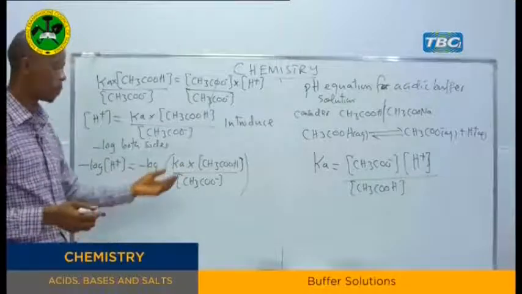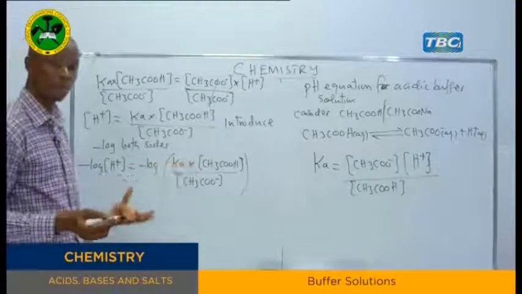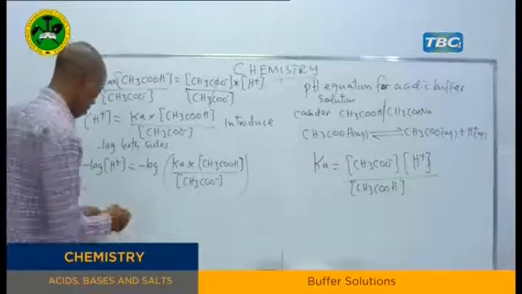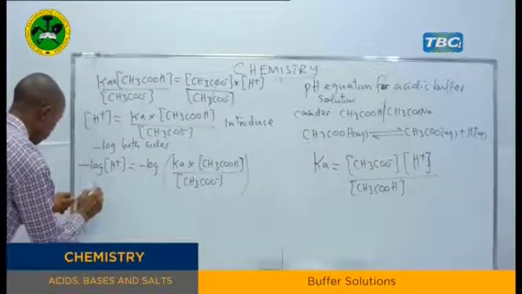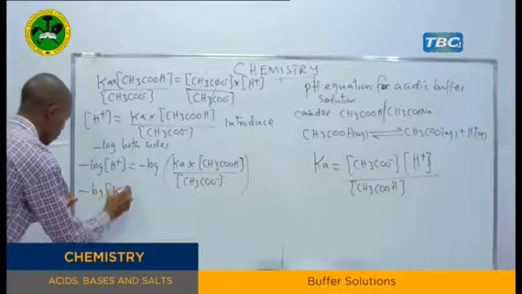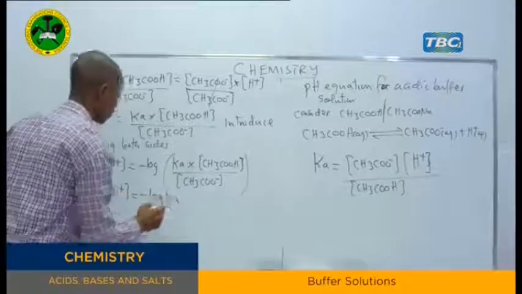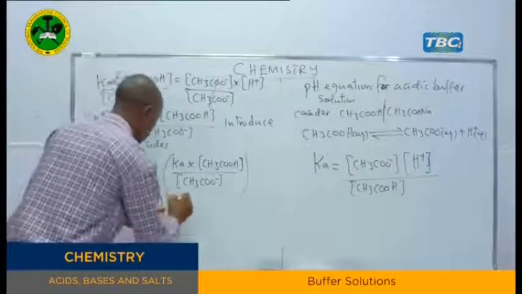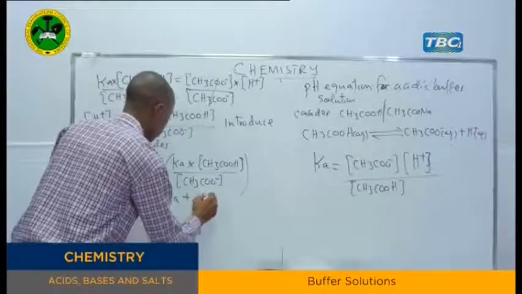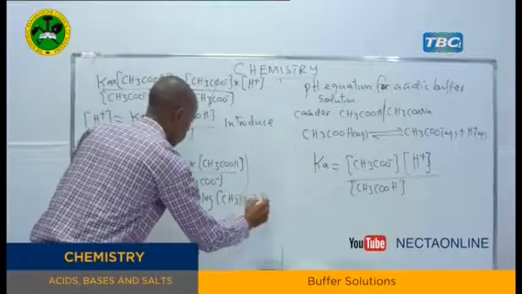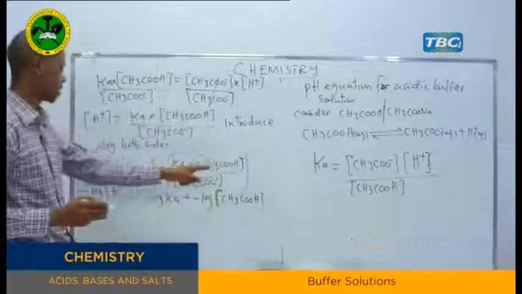Now you can open the bracket. When you multiply in terms of logarithm, that means we add. And this division means minus. So here we're going to have the following: negative logarithm of Ka plus negative logarithm of the concentration of acetic acid.